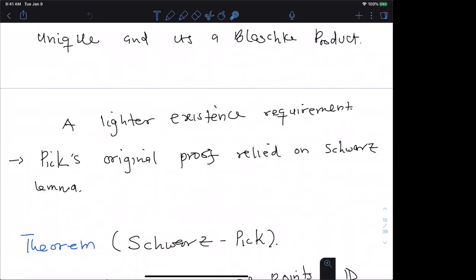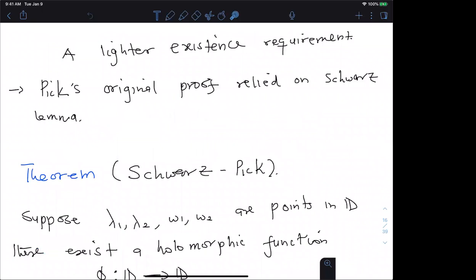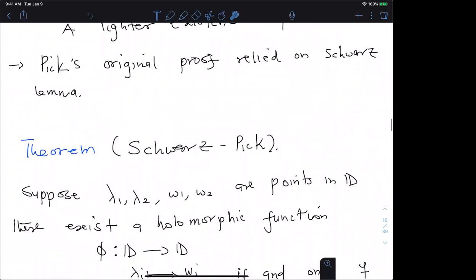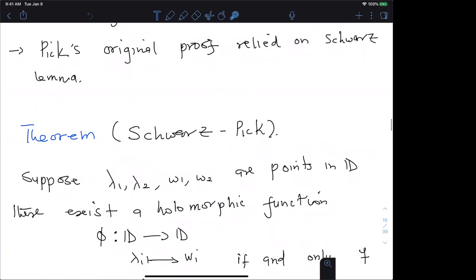So we are using the Schwarz lemma as a lighter existence requirement. So the Schwarz-Pick theorem actually says that suppose we have lambda_1 and lambda_2, omega_1 and omega_2 as points in the disk.